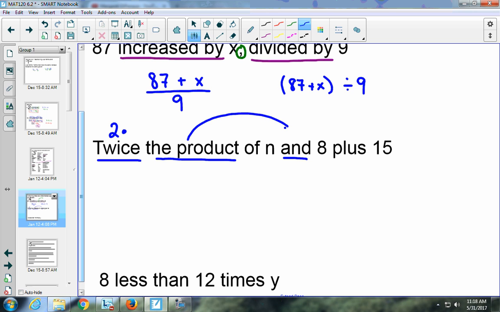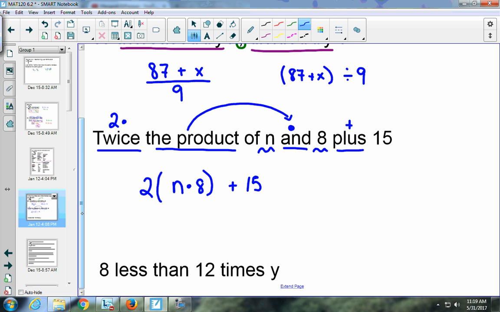So product is an answer word for multiplication, so I know that where that "and" is, I need to draw a multiplication sign. N and 8 are the two things that are going to be multiplied, and plus is a keyword for addition. So we need to do twice, so 2 times the product of n times 8, plus 15.